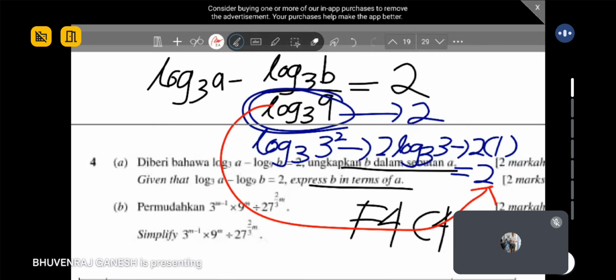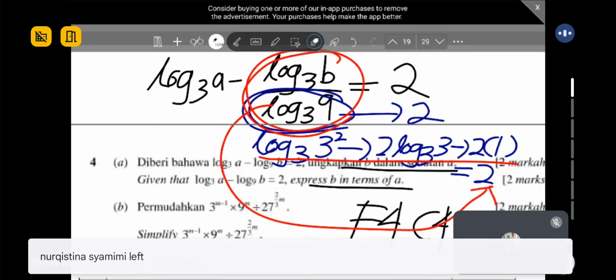Do you understand me? Log 3 9, the second step, baris kedua, you direct write 2 for that one. No need to show all this. Tak perlu tunjuk semua ni. Okay, because it doesn't earn you any marks. Dia tak bawa apa-apa markah. Okay? Only this step will earn you marks. When you change the base, tukar asas, kamu akan dapat 1 markah, 1 mark.